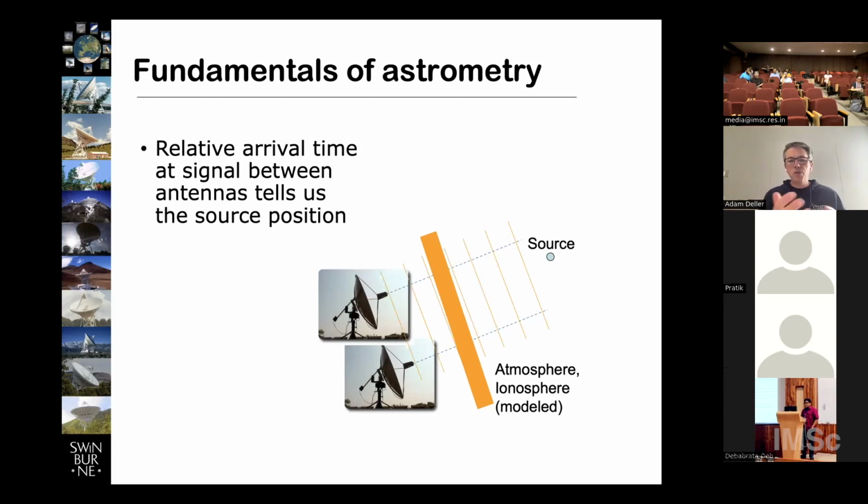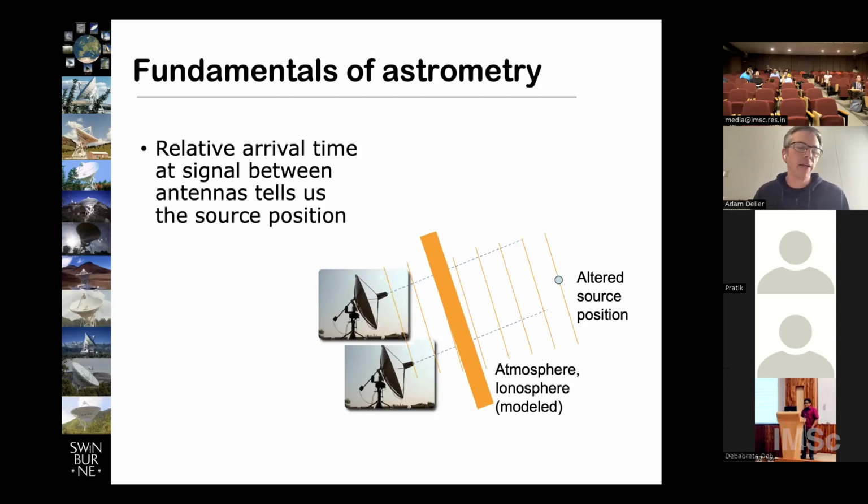So in this sort of contrived example, I've set it up so that the plane wave arriving from a distant source will arrive at these two antennas in phase. And if the source was at a different position on the sky, then we would see the signal arriving with a delay between one antenna and another. And I'm sweeping a few things under the rug here.